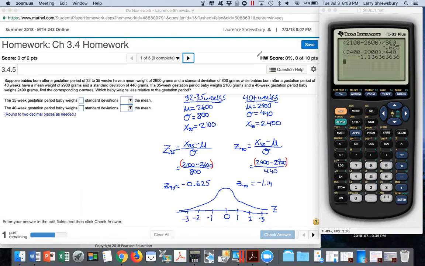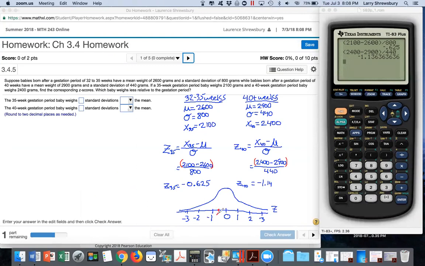So let's look at this. Where do our data values, or z-scores, land? Well, this data value, 2100, is 0.625 of a standard deviation below. So let's see, that's 0.5, so 0.625 would be right about there. I'm going to overshoot here. So this is 1/2 of a standard deviation below, and 0.625 would be right about there.